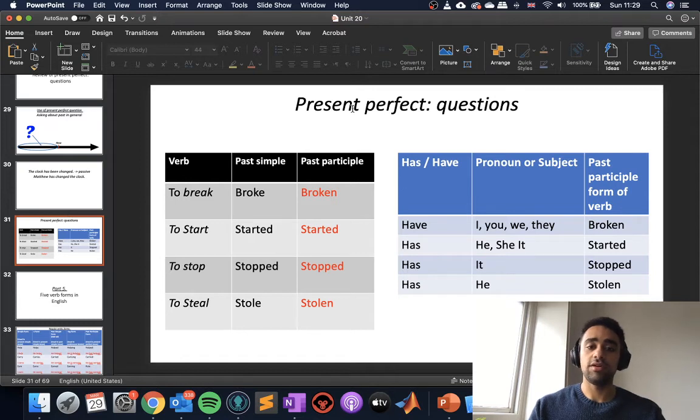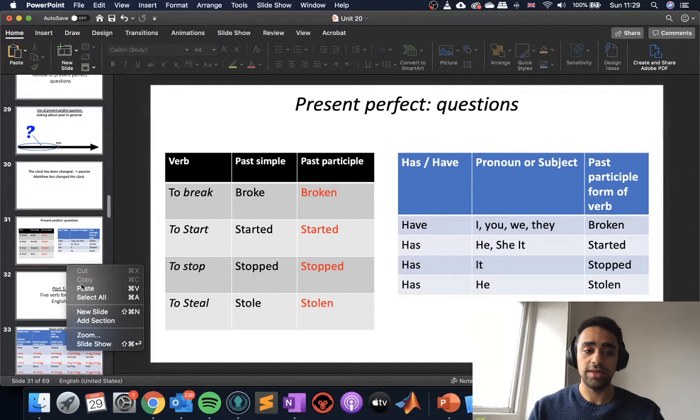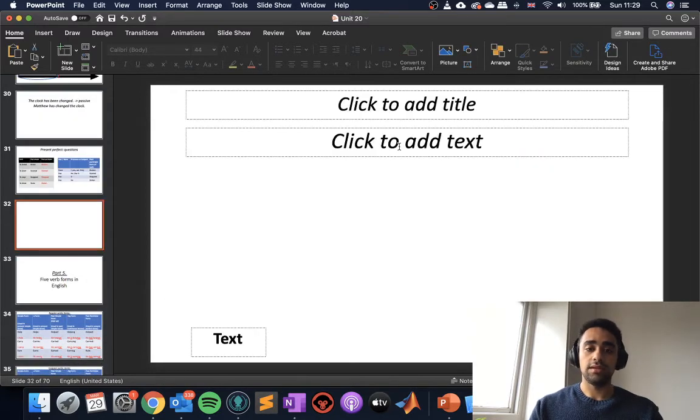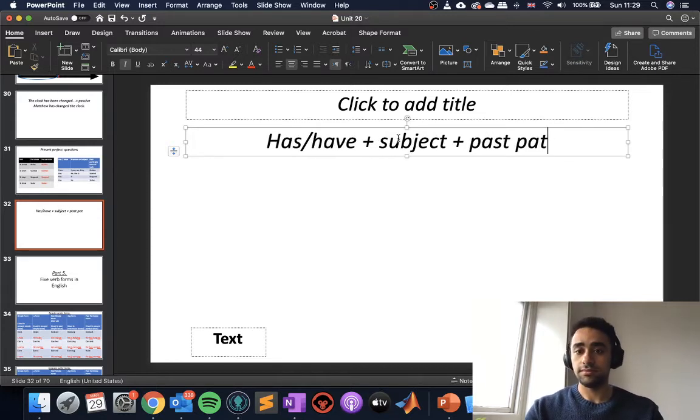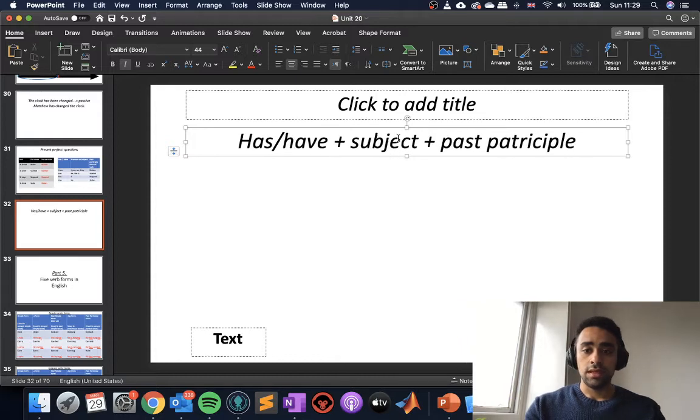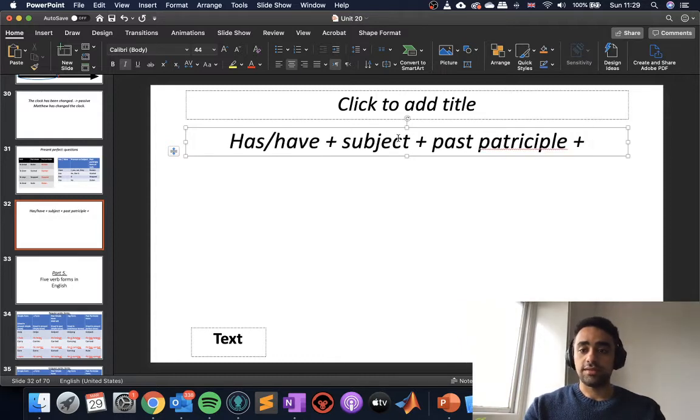And then for the present perfect for questions, as I said, our formula will be has or have, and then the subject, and then the past participle, and then the rest of the sentence.